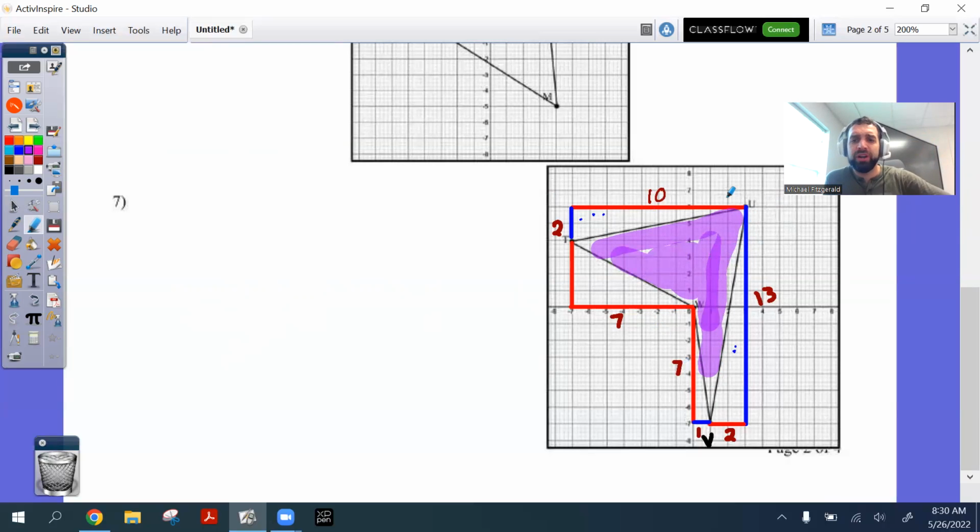Well, there's a few ways we can do it, but I think the easiest way, since we've already done this triangulation, is to find a bigger area and subtract out the parts that are not part of it. So I'm going to find the area of this rectangle and the area of this rectangle.